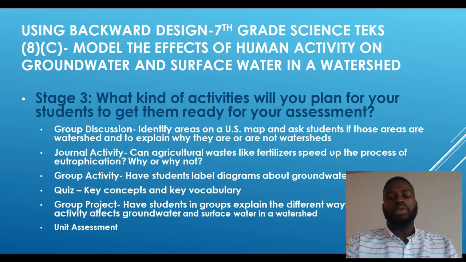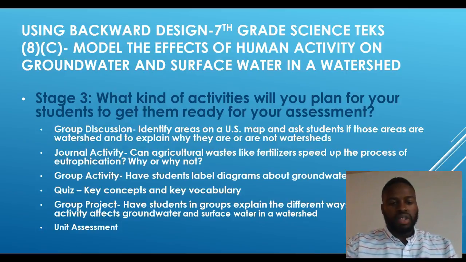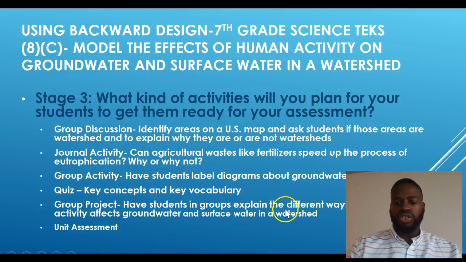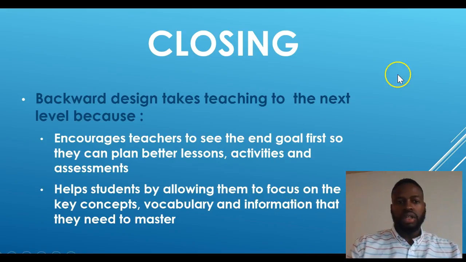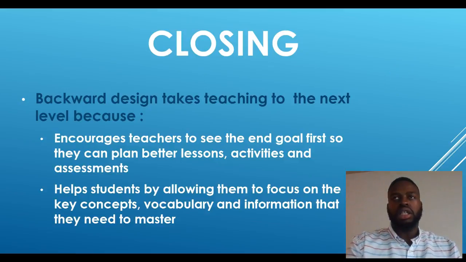Have students label diagrams about groundwater and freshwater. Quiz, key concepts, and key vocabulary. Group project. Have students in groups explain the different ways that human activity affects groundwater and surface water in a watershed. And unit assessments.